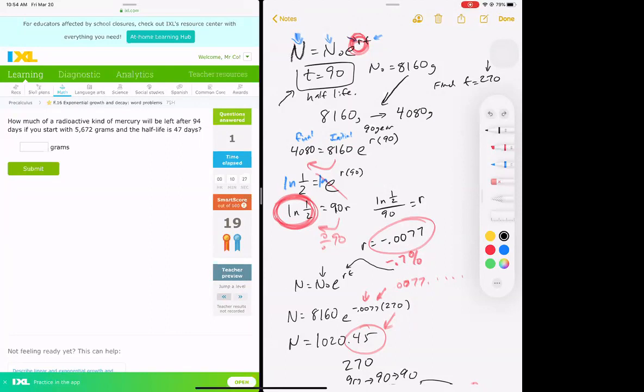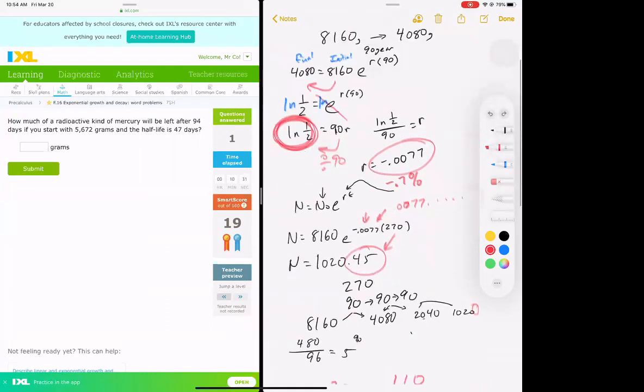And when we did our R model problem, we ended up with this answer down here in the middle. And that is really close to if we just started dividing by 2 3 times. The reason why it's not exactly the same answer is because I didn't carry out enough decimals.